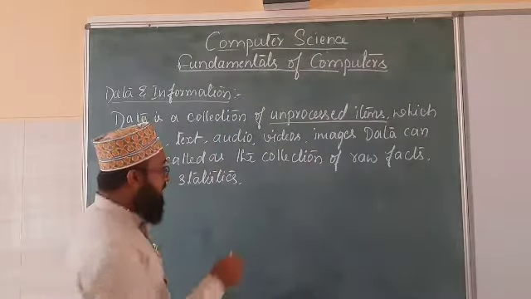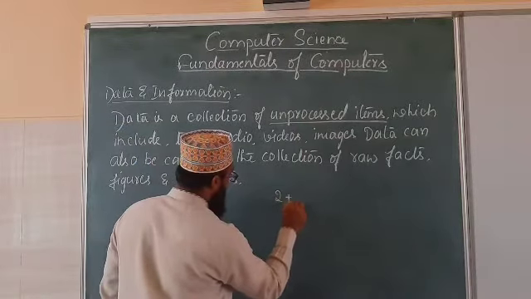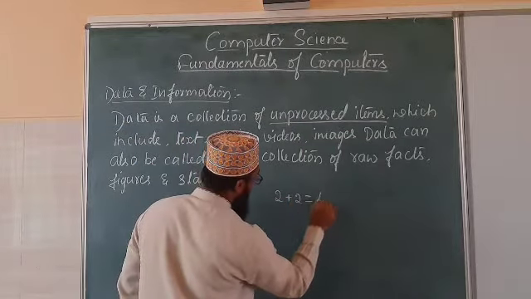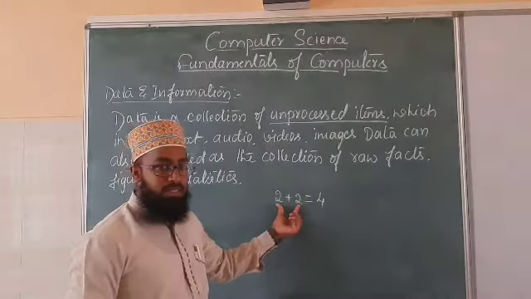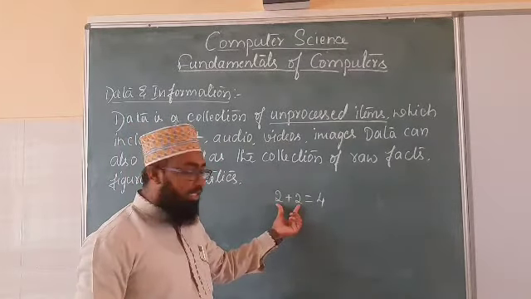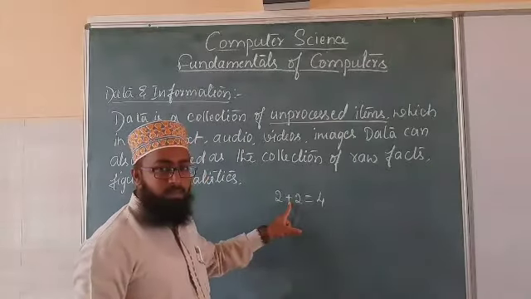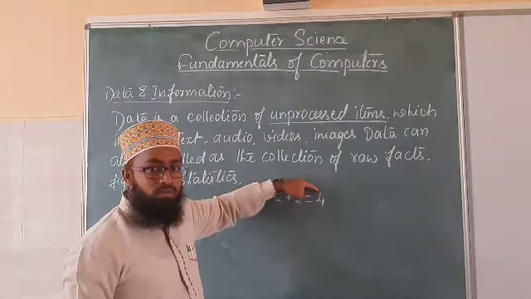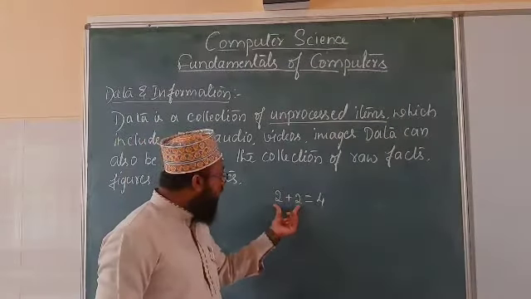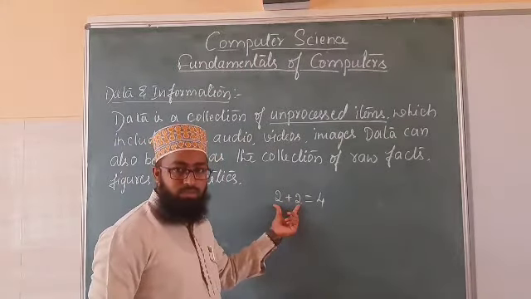If you take an example, 2 plus 2, which is equal to 4. 2 plus 2 are the numbers, and we have asked the computer to do addition, and after doing addition we will get the result as 4. These two are the unprocessed items.